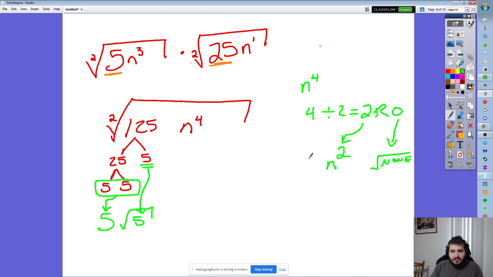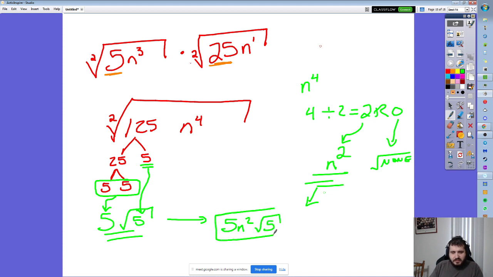And so look at what we have left. We've got this thing right here and this thing right here. So when we combine all of our terms, the 5n squared is on the outside, and the radical 5 is on the inside. And this right here is our final answer.